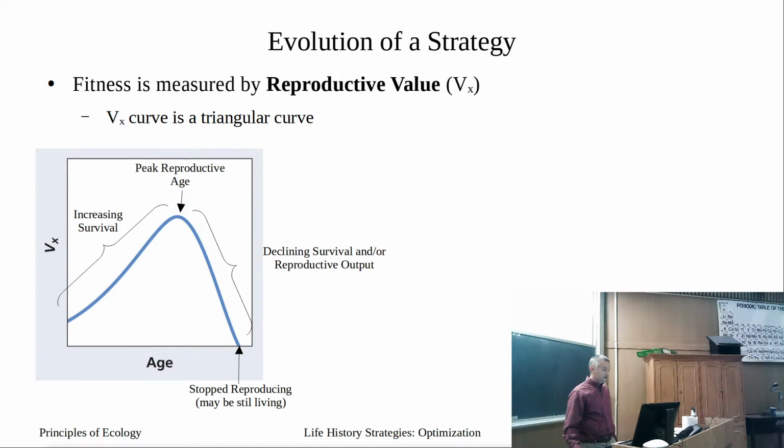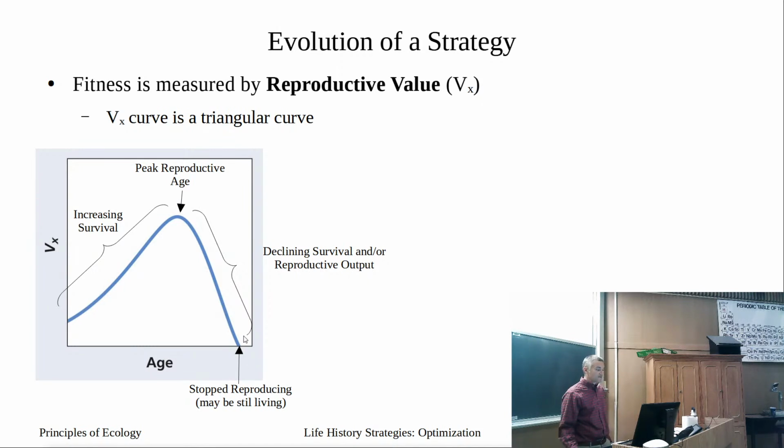If we look at a very young age, at a newborn, their reproductive value is actually fairly low because there's no guarantee that they will ever make it to maturity. But with each successive time period, they've survived it. They're getting closer and closer to this peak reproductive age. And then it declines because now we've passed that peak and we're getting closer and closer to either the end of our lifespan or the end of our reproductive life.